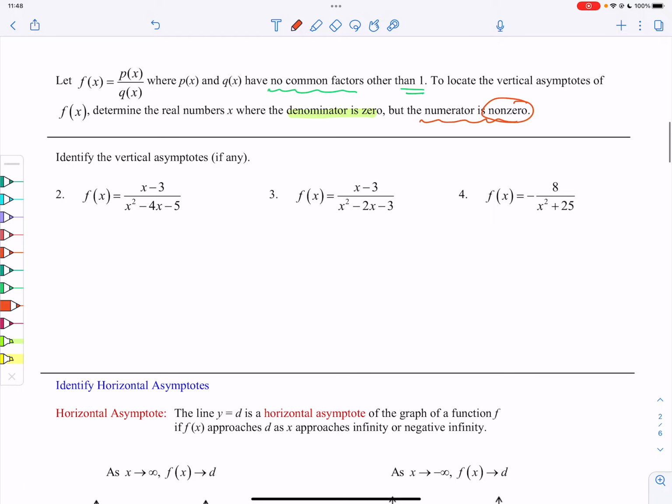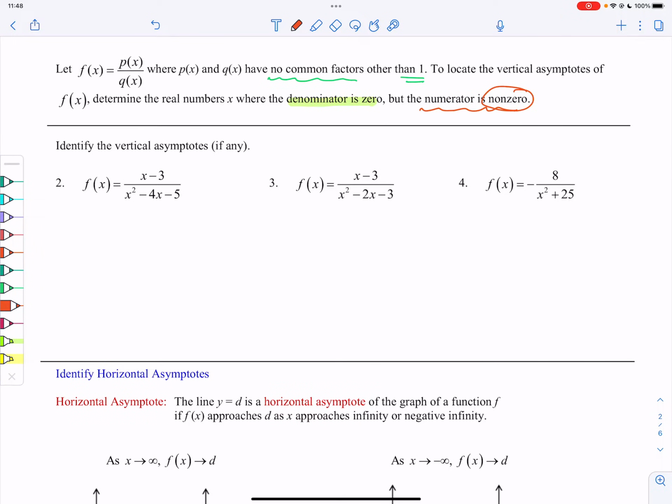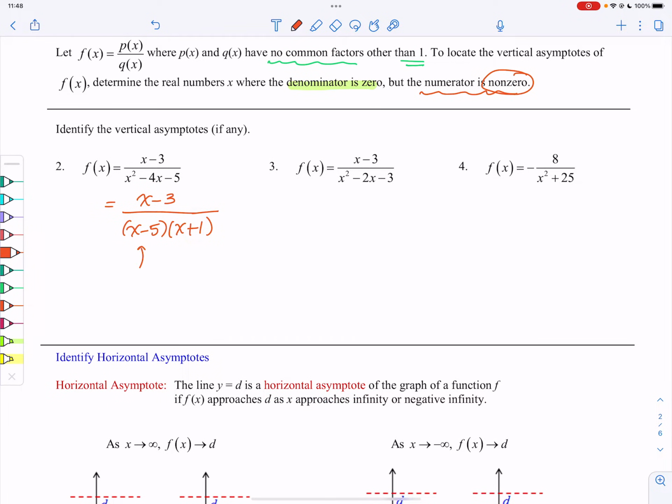Looking at number 2, you can factor this denominator, and we have x minus 5 multiplied by x plus 1. So x equals 5 and x equals negative 1 are our 2 vertical asymptotes.